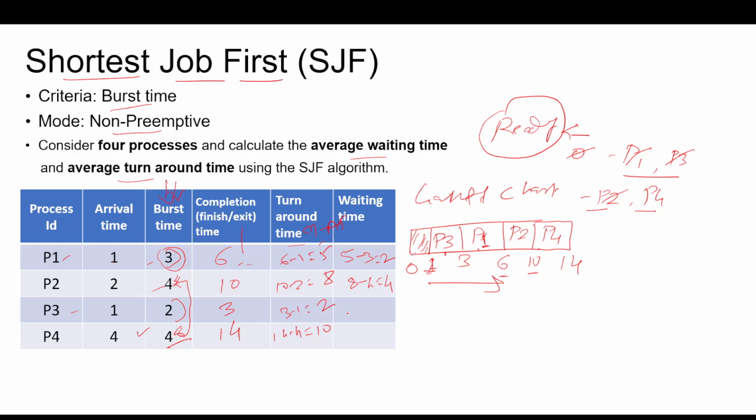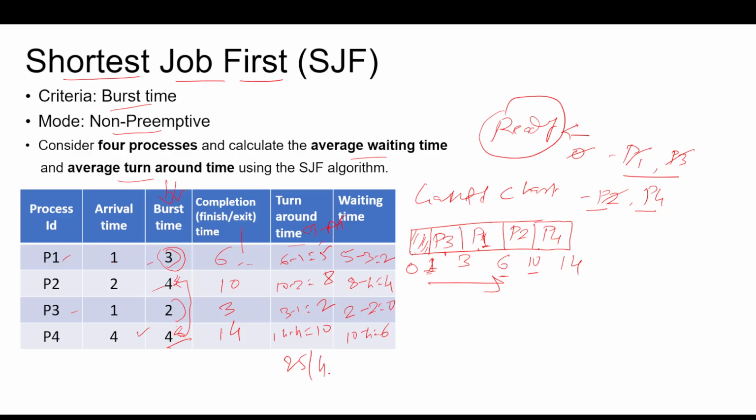For P3, turnaround timing is 2 minus burst timing 2, so that is 0. And lastly, for P4, turnaround timing is 10 minus burst timing 4, that means 6. The turnaround total is 5 plus 8 plus 2 plus 10, which is 25.